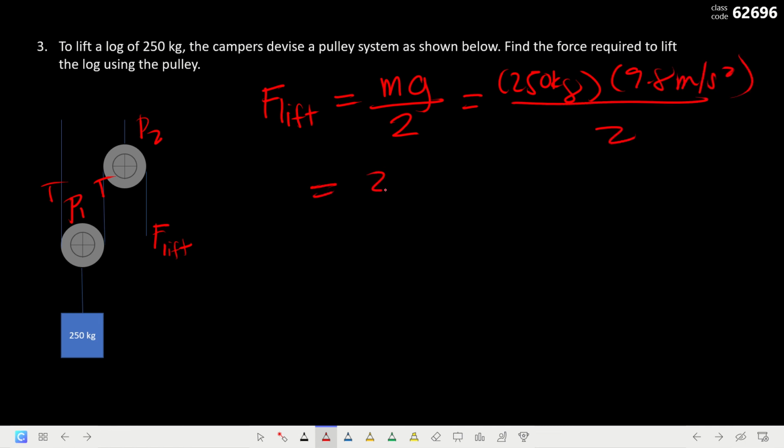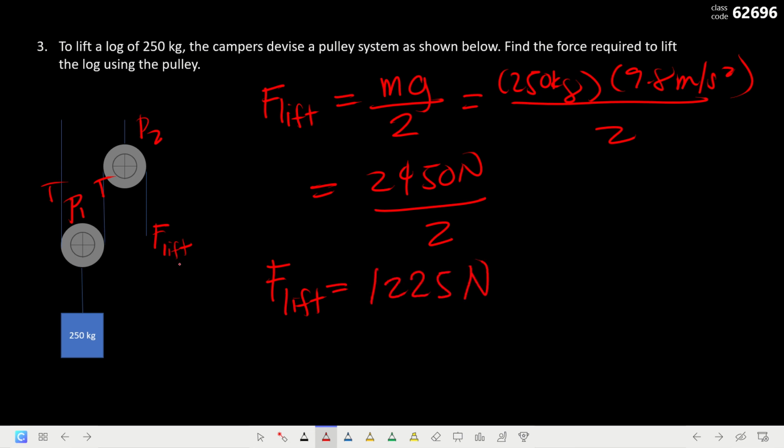So we have 2,450 newtons divided by 2. So the force required to lift the object is equal to 1,225 newtons.